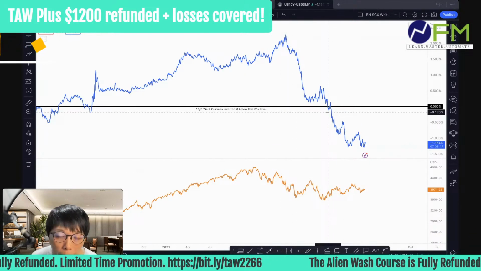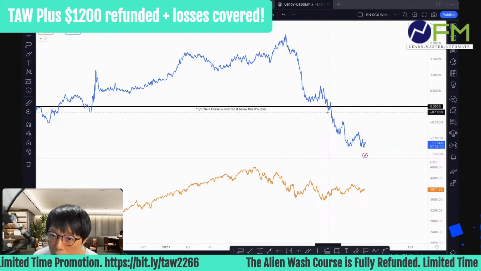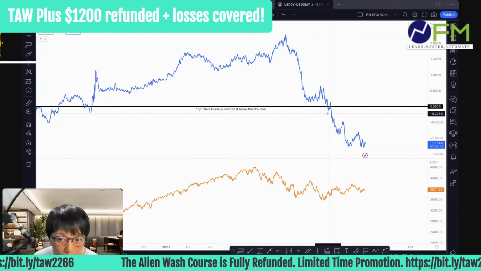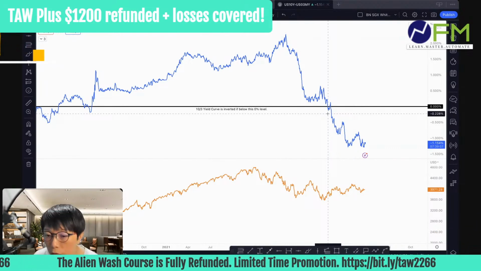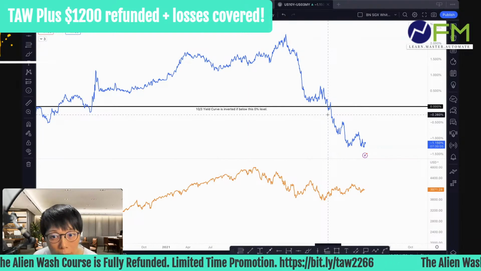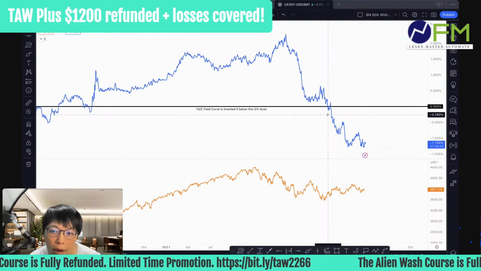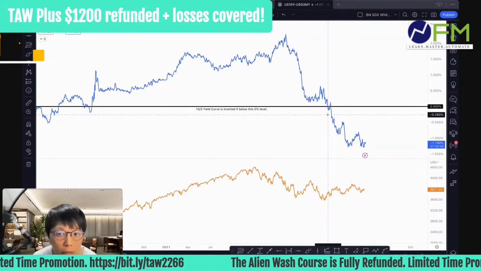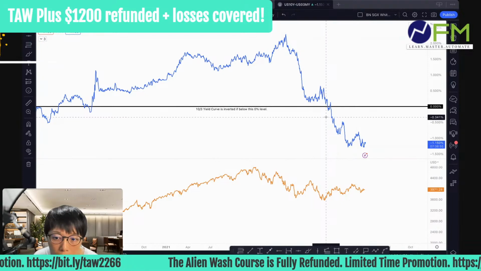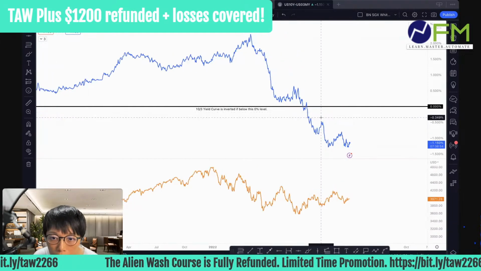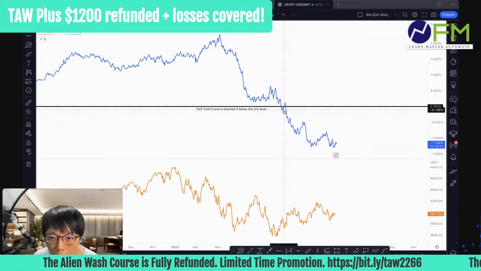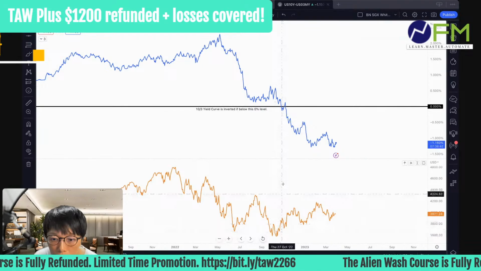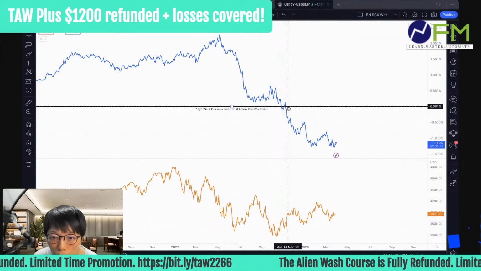Now I believe that the 10-year and the 3 months is a better predictor of turning points in the stock market, and I personally prefer to use it, meaning that these are the extreme long-term and extreme short-term bond yields. Now the 10-year and the 3 months started to have that inversion around last year, October to November period. Let me just show it to you. So that was the November-October period.